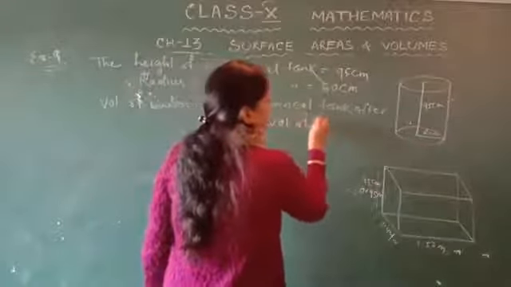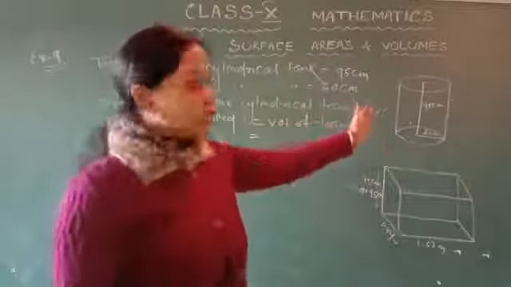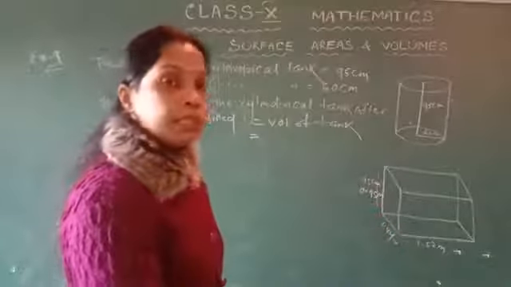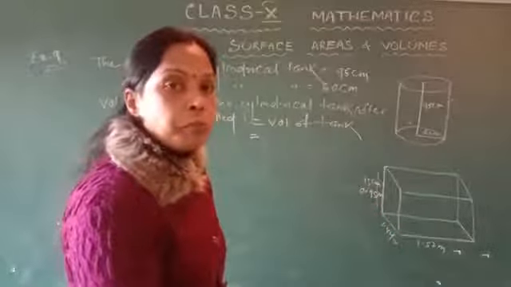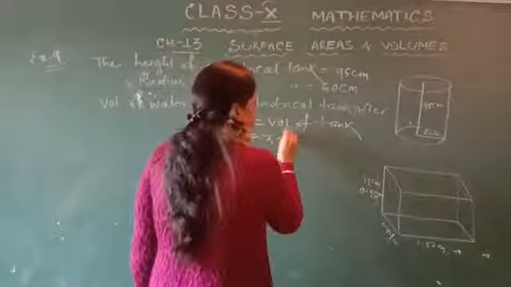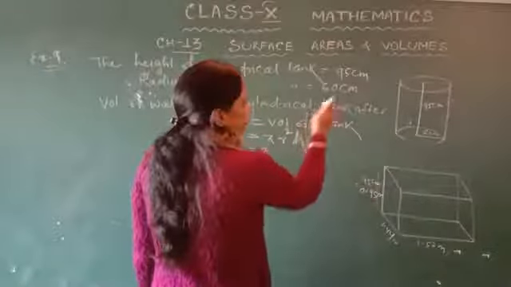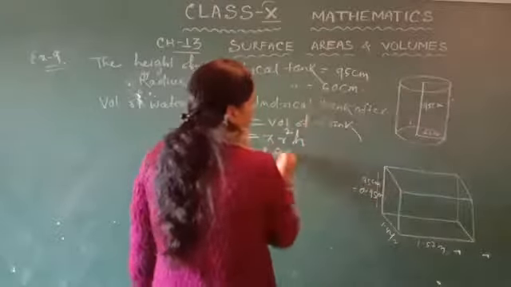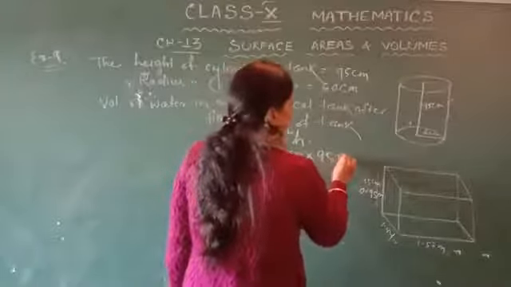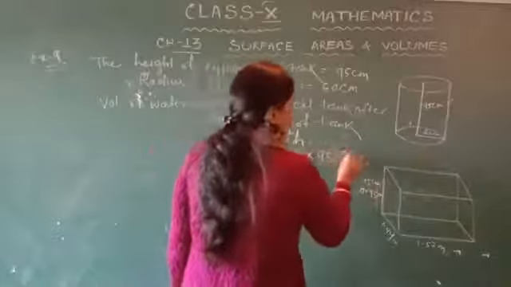It is in the shape of a cylinder, so the formula is pi r square h. That is pi into r, 60 centimeter, into h, 95 centimeter.